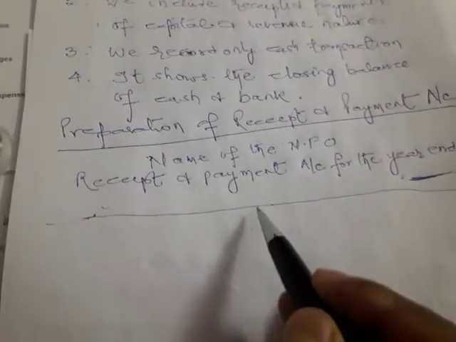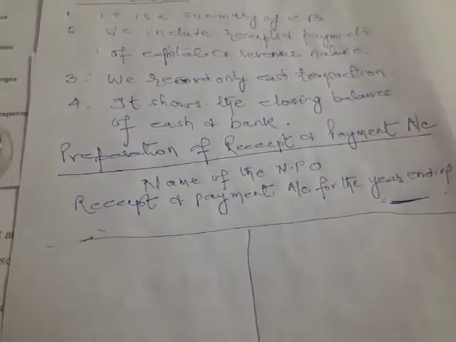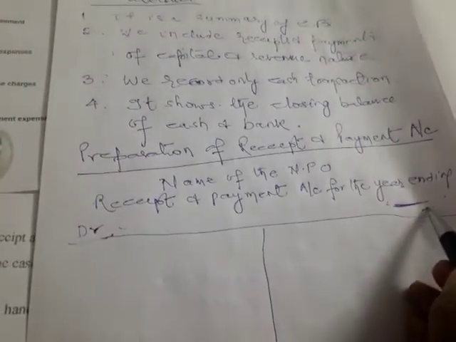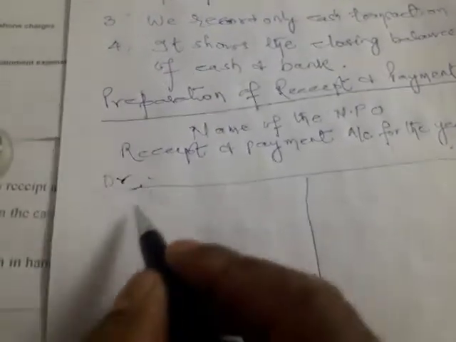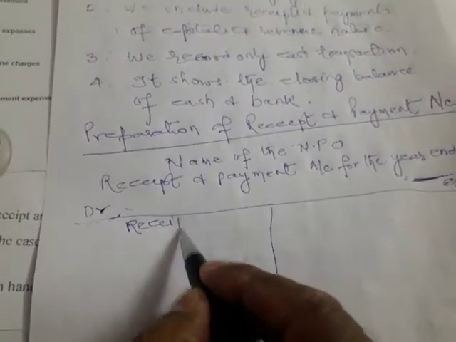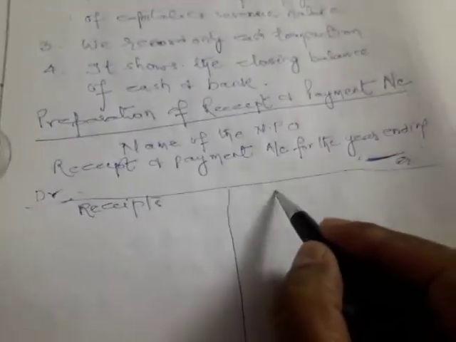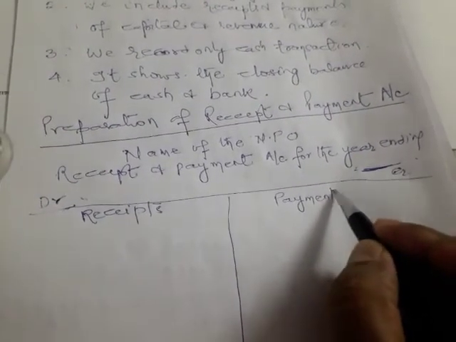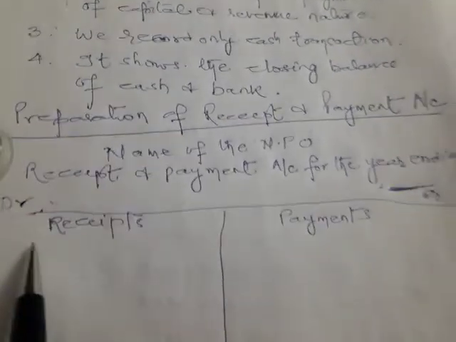As you know, all the accounts have two sides, the debit side and the credit side. The debit side represents the receipts, whereas the credit side represents the payments.